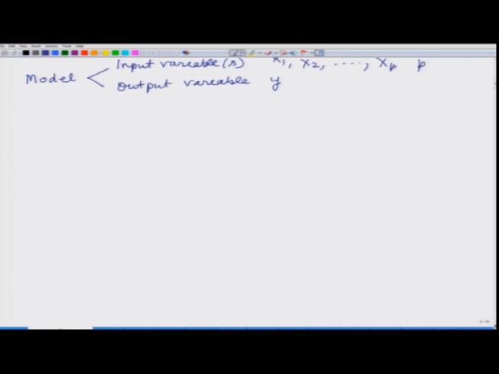So these are the p variables which are affecting the output y, right. Now, what is your objective? The objective is that we want to find a relationship between x1, x2, xp and y in a mathematical framework, right.